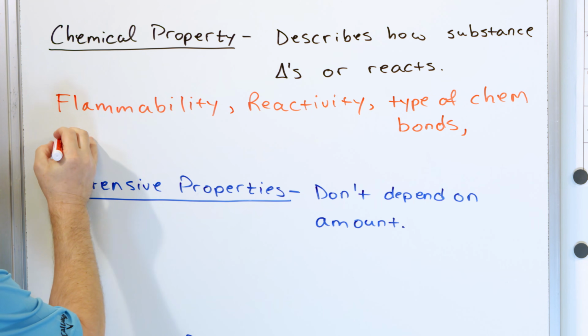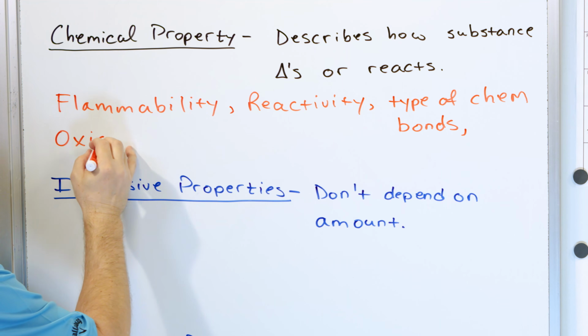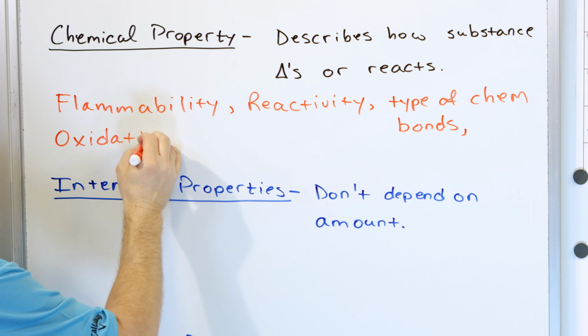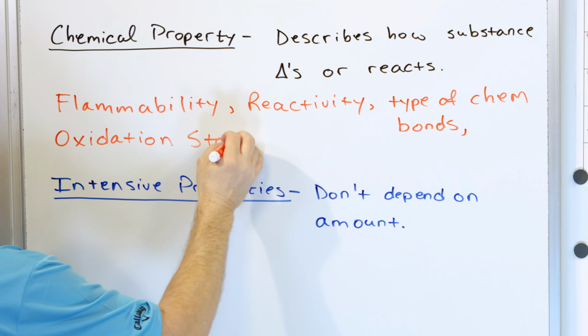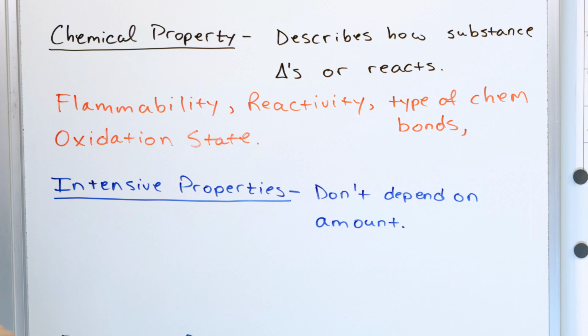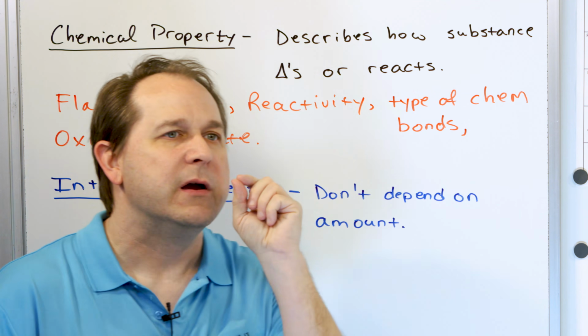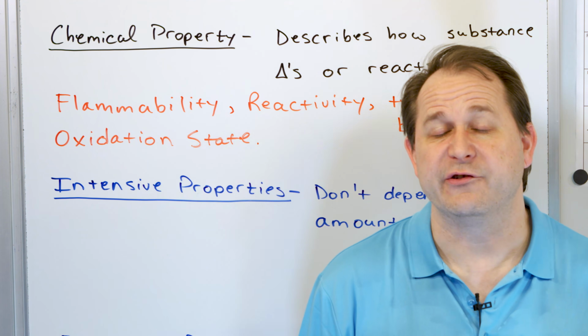One final example, we're going to talk about something later called an oxidation state. Once again, this oxidation state is all about how an atom likes to give and take electrons, essentially.